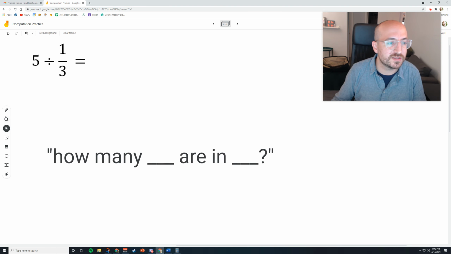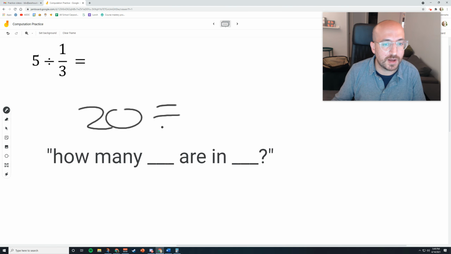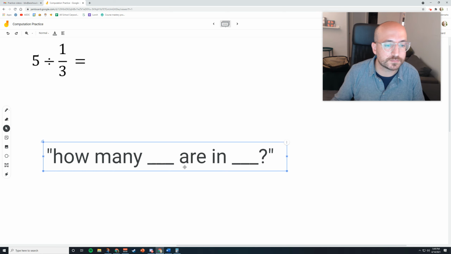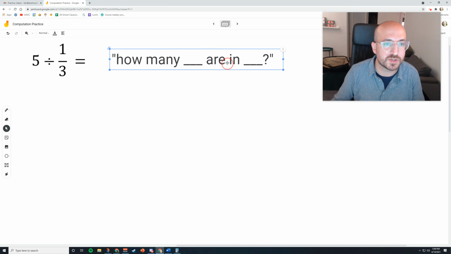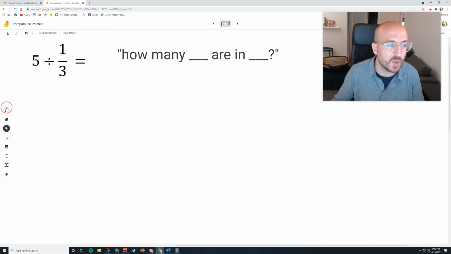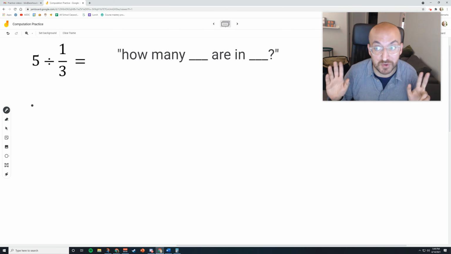So if it was 20 divided by 4, how many 4s are in 20? Oh, I just divide that. 20 divided by 4. Here with this one, I would really love you to be able to rewrite this in a sentence. When you do these problems, you get like bonus cool points.